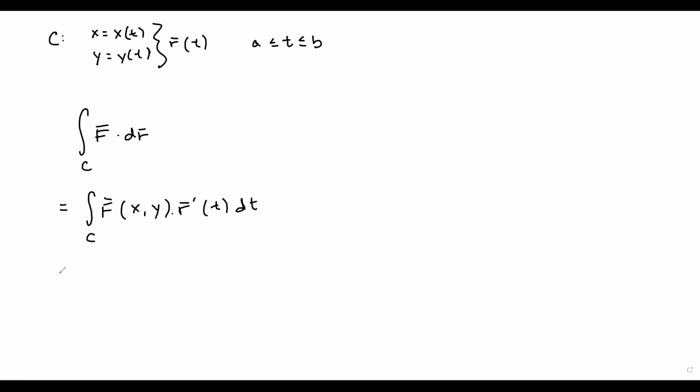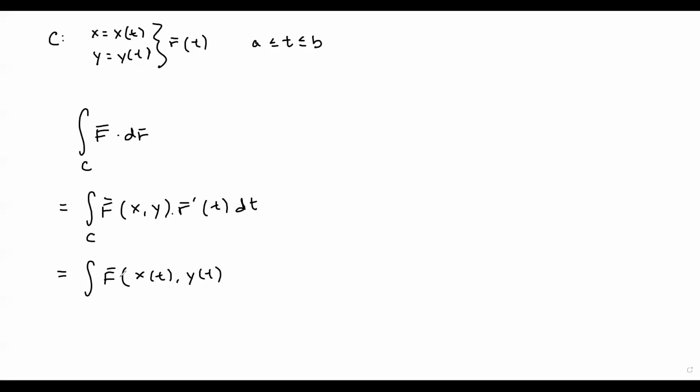All right. And so from here, if you just plug things in, then you can get to an evaluation version. So what is x? It's x of t. What is y? It's y of t. So x and y are two different variables in this formula. When you translate them into this form, you've translated them into a single variable. So now x of t represents a bunch of t stuff here. y of t represents a bunch of t stuff here.